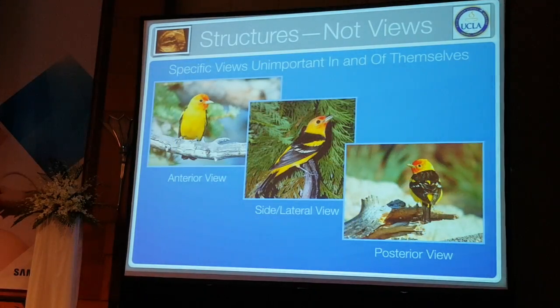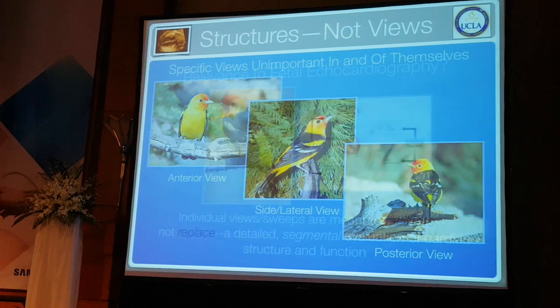So we can look from the front, and we can look from the side, and we can look from the back. But the specific views are not that important themselves. It's not that we want to see a lateral view because of the view itself, we want to see certain structures. It's all about the structure. It's not about the views in and of themselves.